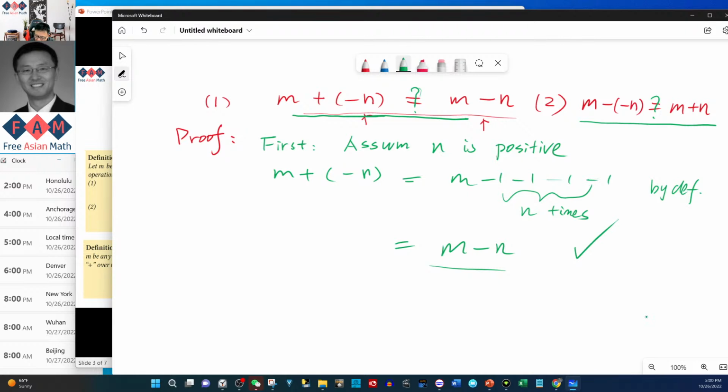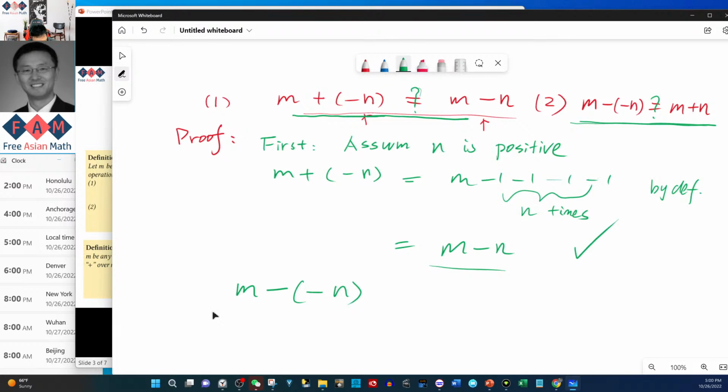Okay? But at this time, we still have a second part that we have not proven. So we are done for the first one when n is positive. Now for the second one, we're subtracting a negation of n where n is positive. What does this mean?